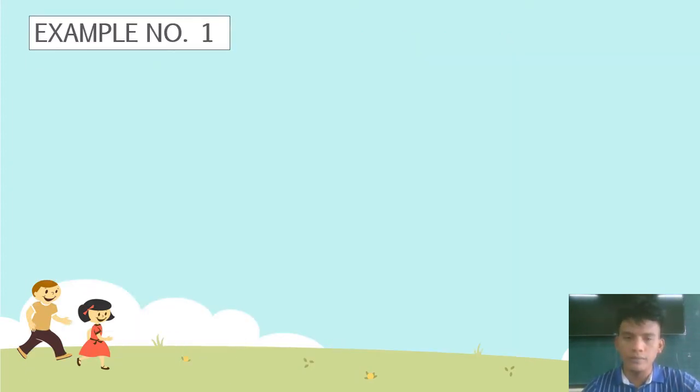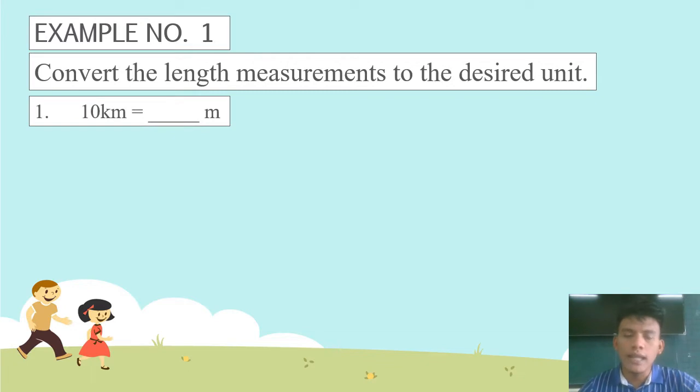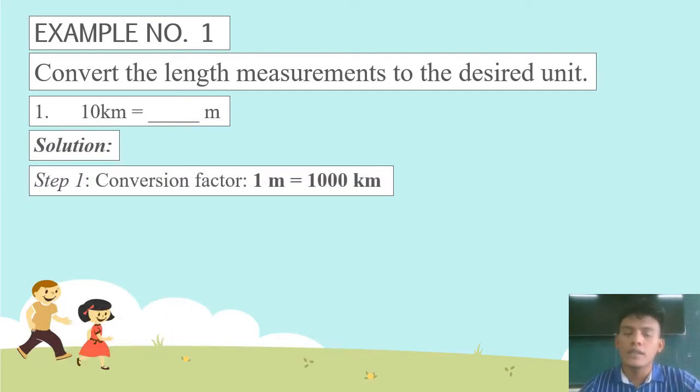Example number 1. Convert the length measurements to the desired unit. 10 kilometers. Convert 10 kilometers to meters. How do we convert kilometers to meters? Solution. Step 1, conversion factor.